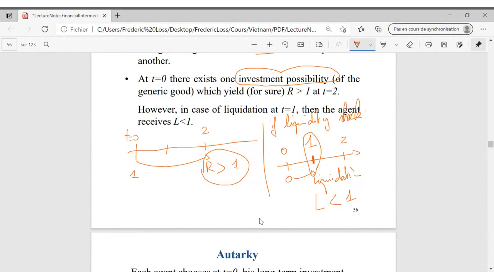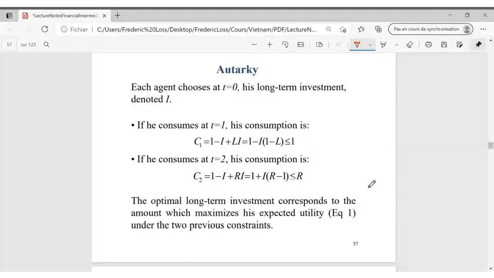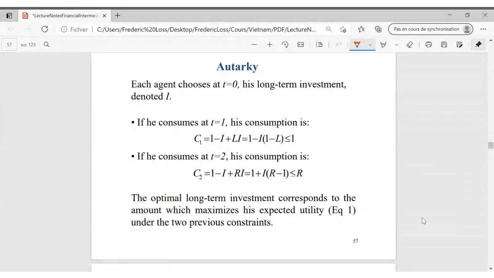In such a case, you are going to liquidate your long-term investment, but then you are going to obtain less than by just storing your amount of generic good from one period to another. Okay? Is that clear for everybody?